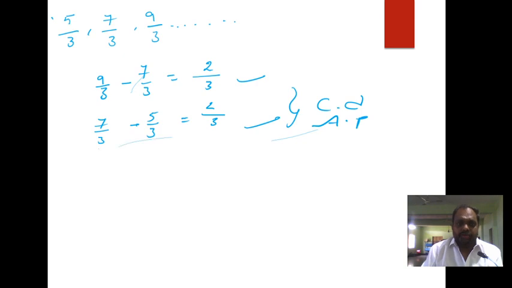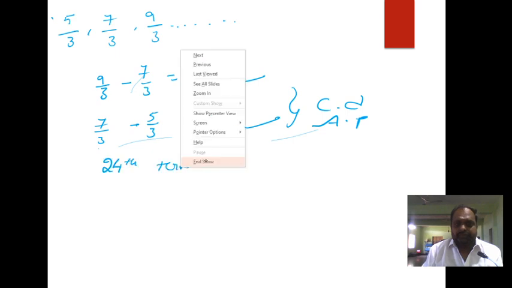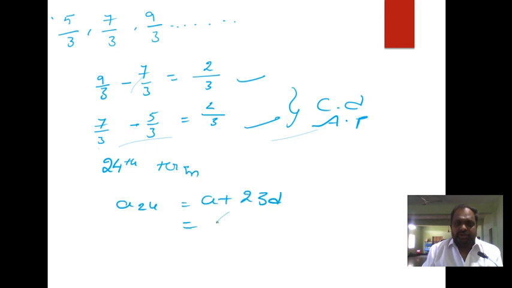Okay. So we have to find the 24th term of the AP. 24th term, that means a24. We know the formula a plus 23d. a means 5 by 3 plus d means 23 into 2 by 3.